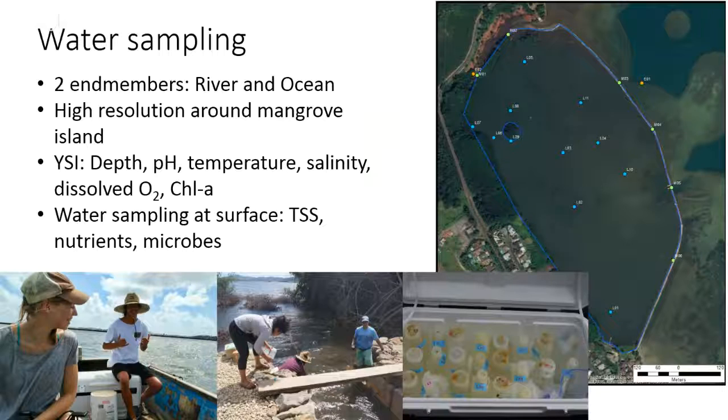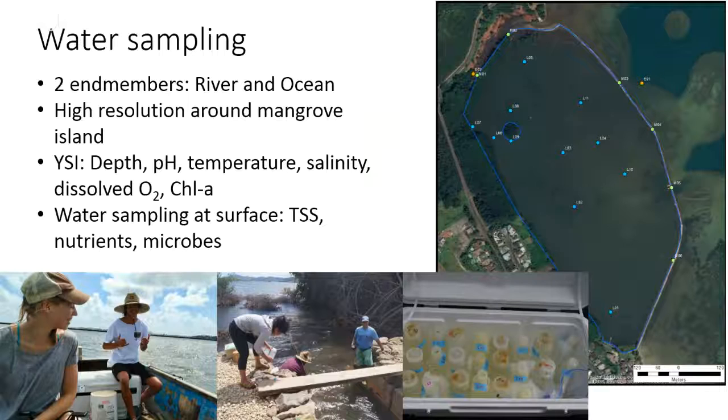And along with water sampling, we also used the YSI probe that measures water depth, pH, temperature, salinity, dissolved oxygen, and chlorophyll A. We measured those parameters at the water surface and at the bottom of the water column, because like you pointed out, the water can be really stratified due to density differences.